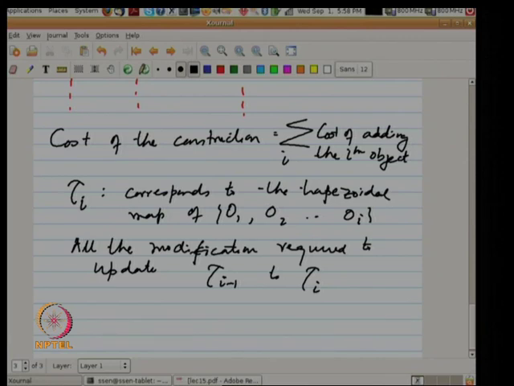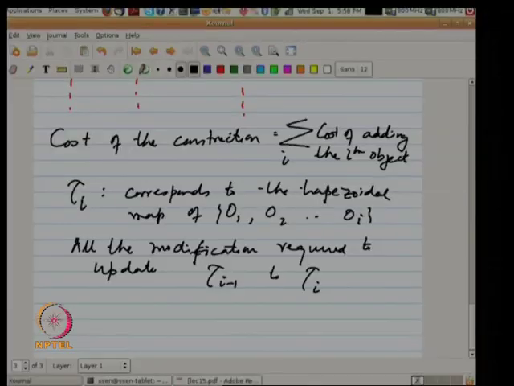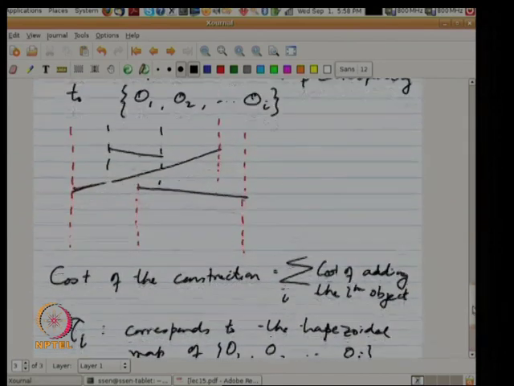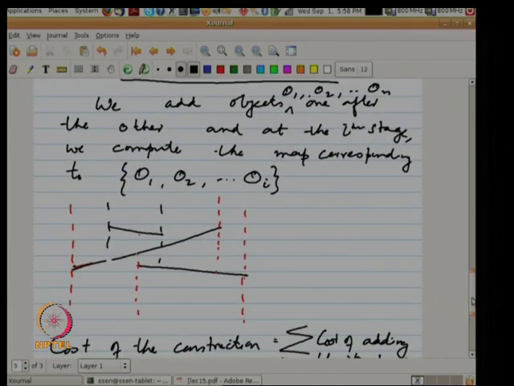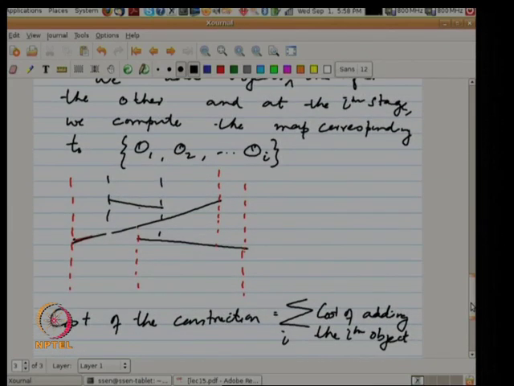This is just writing this summation, but we actually have no idea what this bound would be like. However, you can imagine, just reflect on it a little bit, that this bound could possibly depend on the order in which we are going to add the objects.